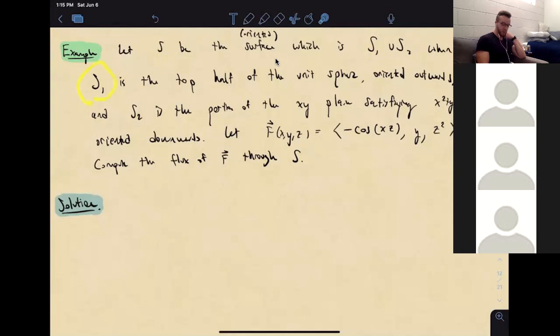So what is S1? S1 is the top half of the unit sphere oriented outwards, and S2 is the portion of the XY plane satisfying x squared plus y squared is less than or equal to 1, oriented downwards. We've got a vector field, and the goal of the problem is to compute the flux of the vector field through the surface.